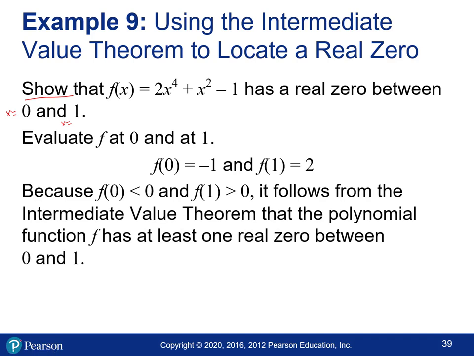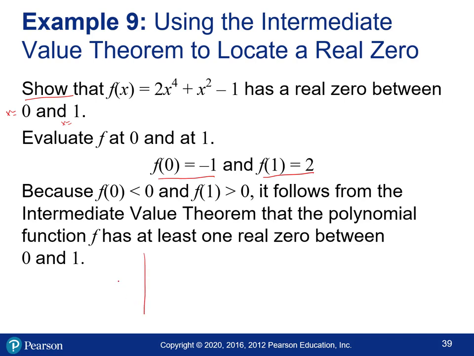And then we can say, because of the intermediate value theorem, since this y value is negative and this y value is positive, then somewhere in between we're going to hit the x-axis, and so there's a real zero in between them.